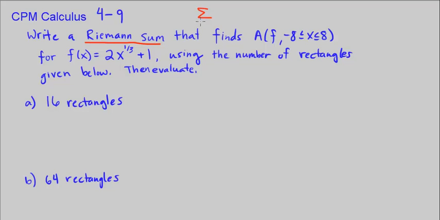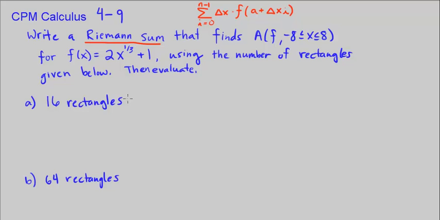For n rectangles, we start with i equal to 0 to the number of rectangles minus 1, times delta x, the base of every rectangle, times our function at a plus delta x times i. This is the generic expression to always find the area using Riemann sums.